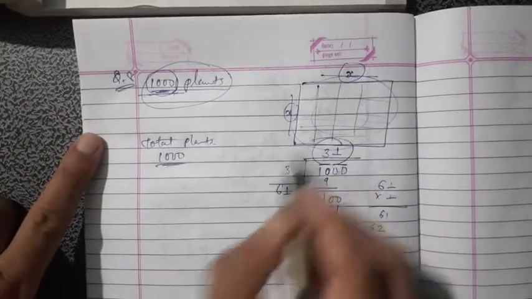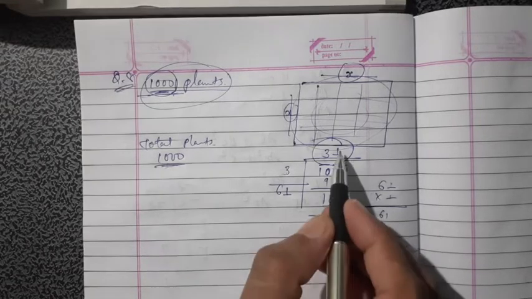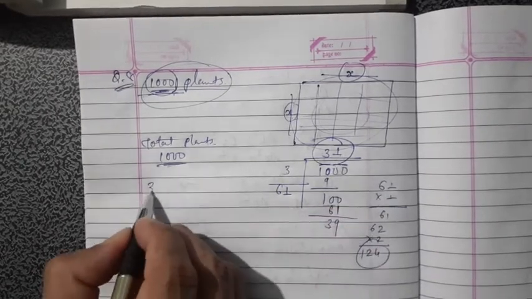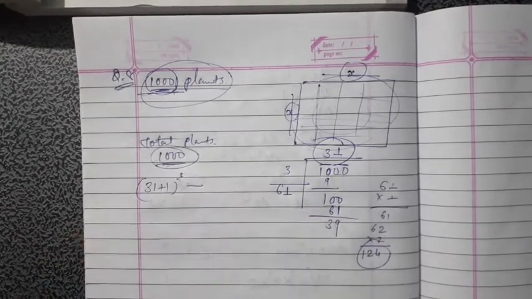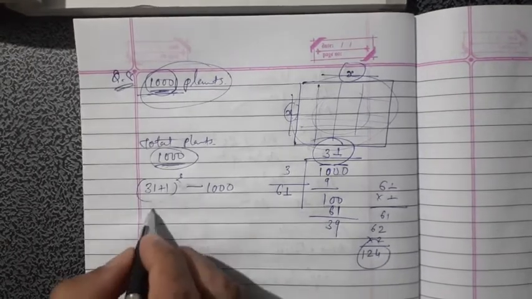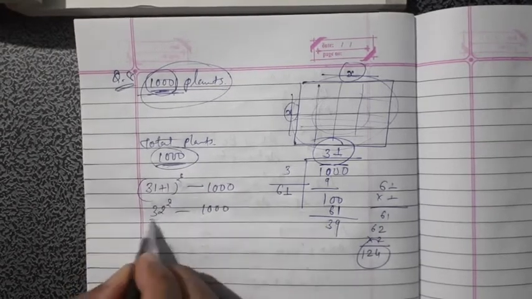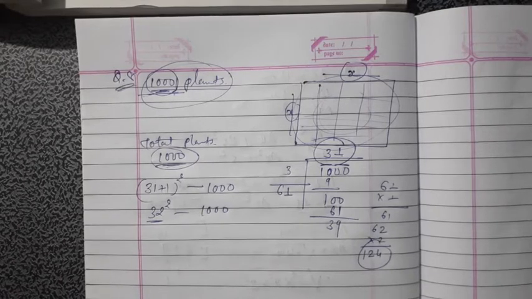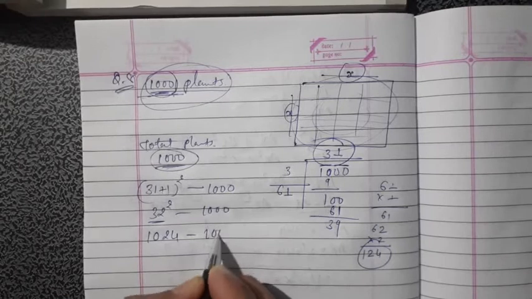So the quotient is 31, and we just take one more than the quotient: 31 plus 1, that is 32, square minus our number 1000. Now what is the square of 32? 32 square is 1024, minus 1000.